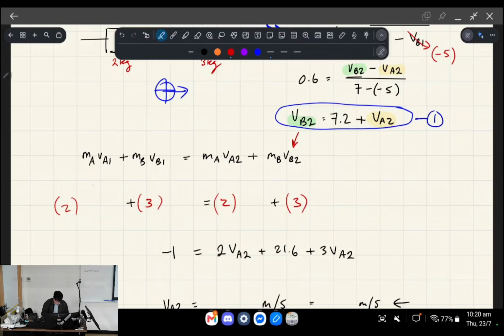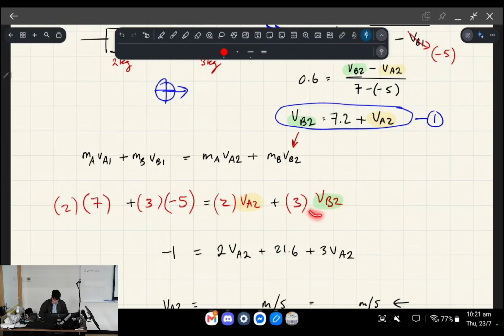Next is speed. The first object's moving at 7 meters per second to the right, and the second object's moving 5 meters per second to the left. Then we've got our unknowns again for their final speeds. Let's call that VB2 for the moment, so that's VB2, that's VA2.